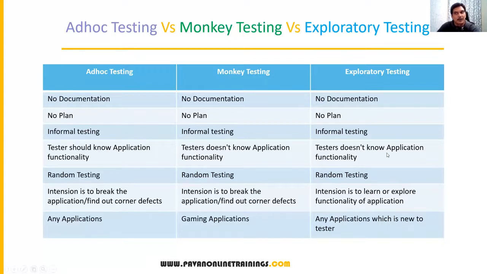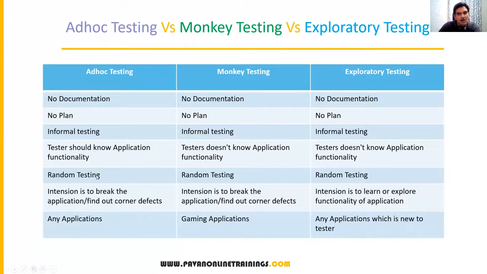But when you come to exploratory testing, here also the tester doesn't know the application functionality. But here we are exploring the application, and then we come to know the functionality. So in monkey testing and exploratory testing, we don't know the application functionality or features. We are just testing randomly. But in ad hoc testing, we know some functionality based upon previous experience.